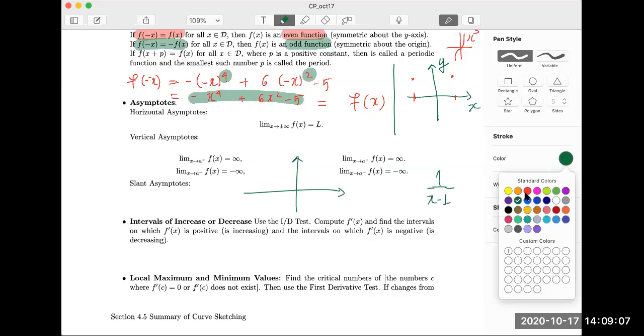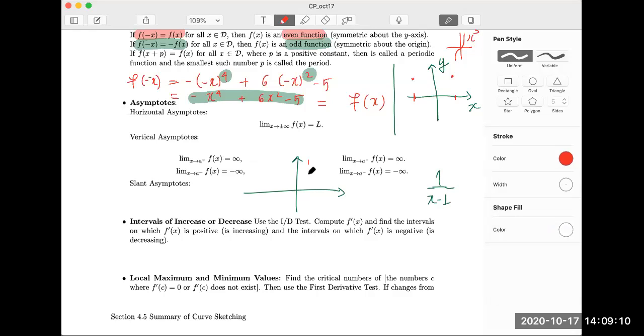It is undefined at 1, right? Because it is undefined at this point, the function is not continuous at this point here. We're curious about how the function behaves near this point, and this is the graph of the function. That is why we need to compute the limit when it approaches the left-hand side and the right-hand side of that point.